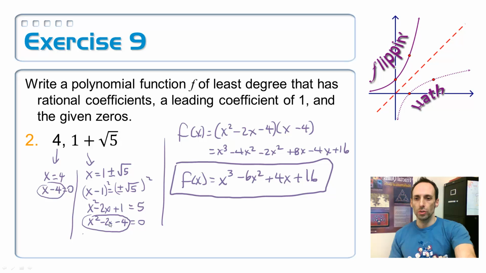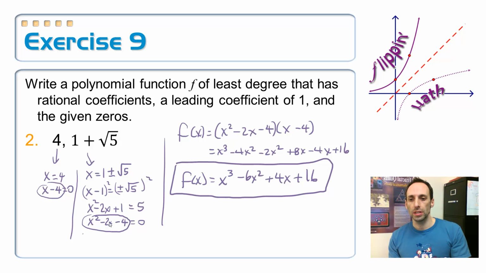Okay, so here was your second one there. So x equals 4, subtract it over, or just change the sign. So your factor is x minus 4. For the second one, 1 plus the square root of 5, it's irrational, so I should also expect 1 minus the square root of 5. If I set that equal to x, subtract over the 1, then square both sides.